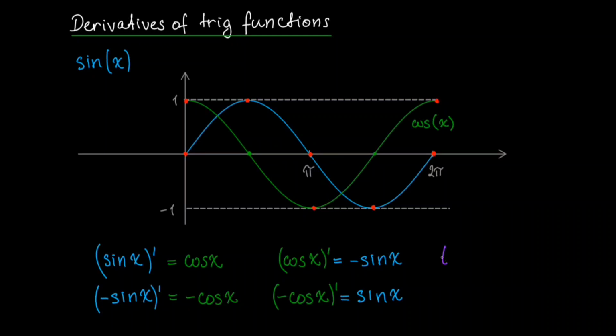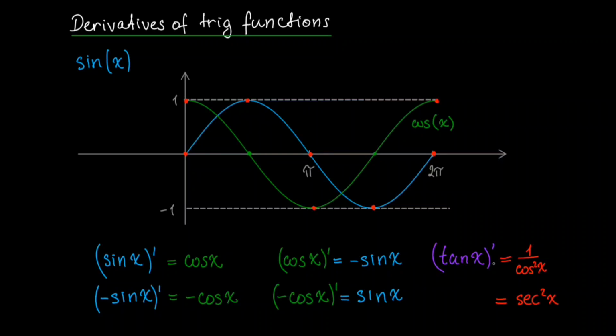There is one more important derivative that you should well remember, and that would be the derivative of tan x. And I will tell you immediately that this is going to be equal to 1 over cosine squared of x. Well, written in other words, we know that the reciprocal function is going to be the secant squared of x.